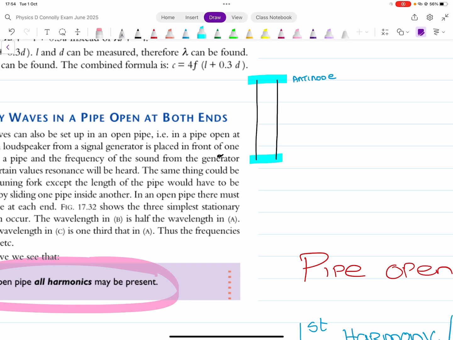So the fundamental frequency in a pipe open at both ends looks like that. It has one node and 2 antinodes. Yeah? That's your first harmonic, your fundamental frequency.